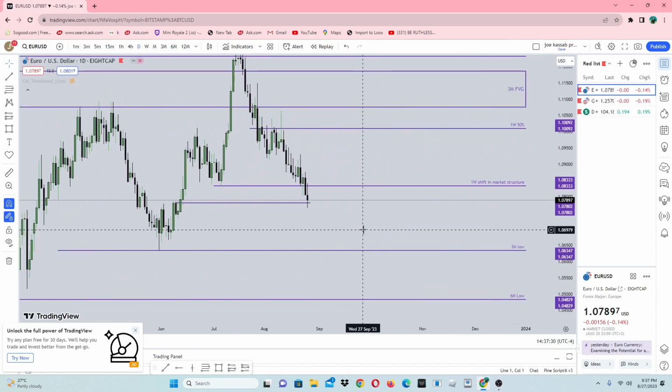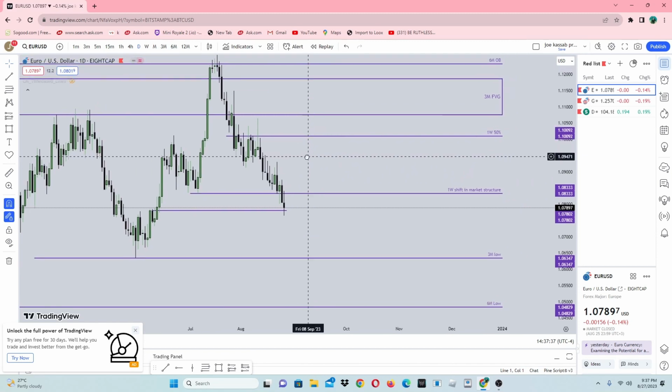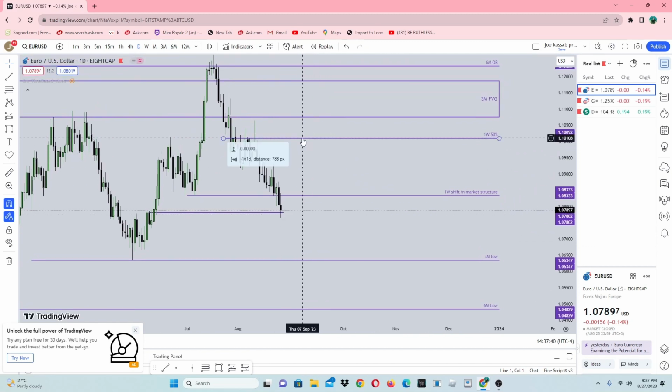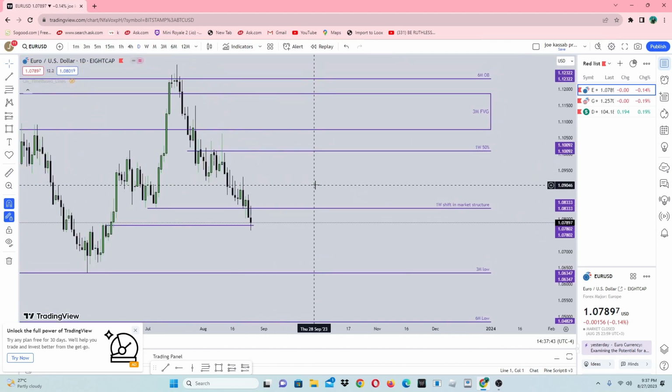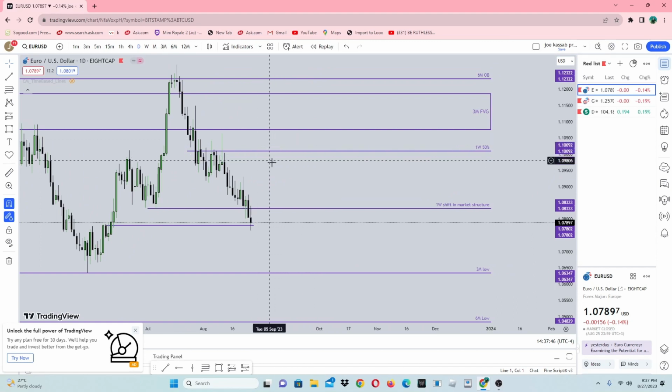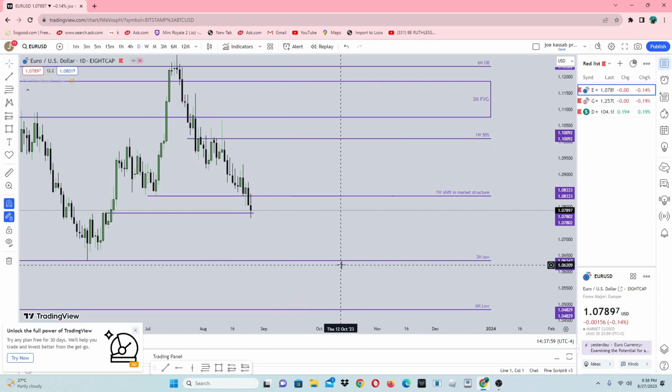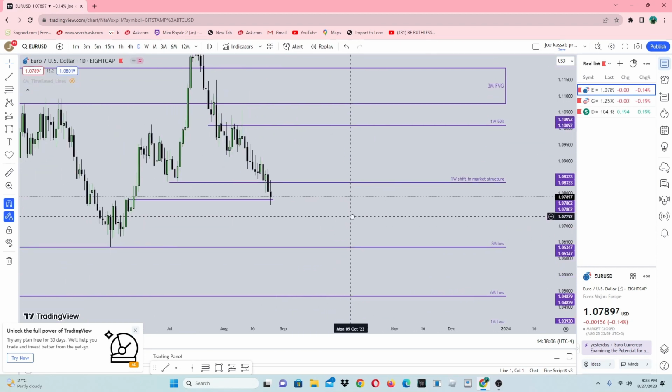From a weekly perspective, I'd like to see retracement into this 50% area right here. Then, when I see retracement into this area, I keep my eyes on the daily swing formation. I'd like to see a daily swing high formation and a weekly swing high formation on this level right here. And since my monthly is bearish, when my weekly and daily align with my monthly, I am very bearish to the downside.